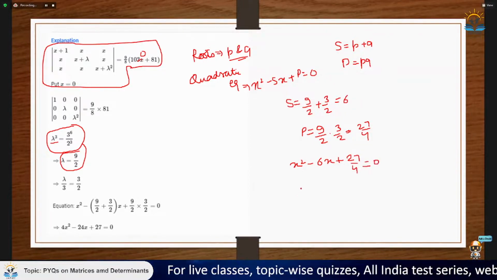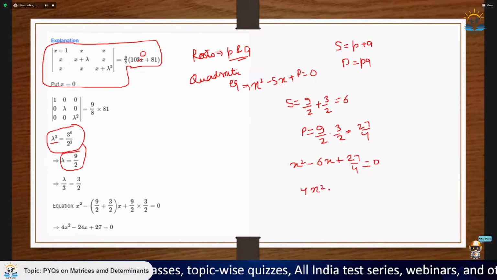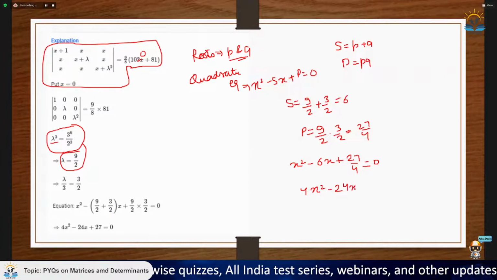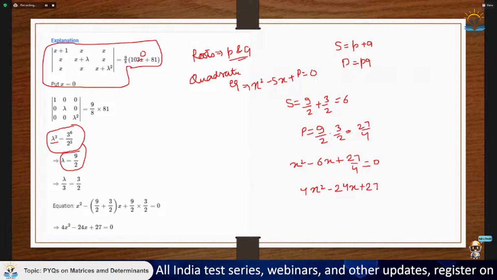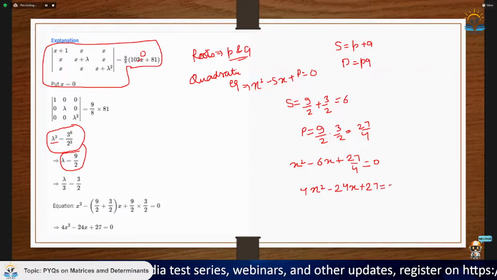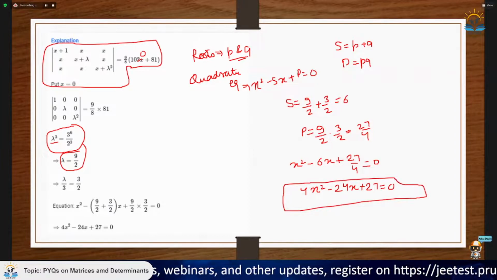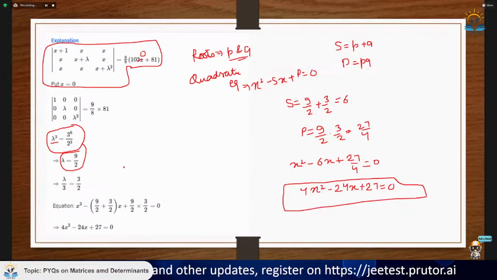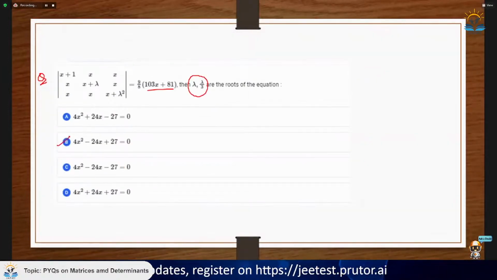Or if you want to make it more clear, you can write 4x square, take 4 as LCM, minus 24x plus 27 equal to 0. This is my final solution of this problem. So 4x square minus 24x plus 27. So B is my correct answer. Cool.